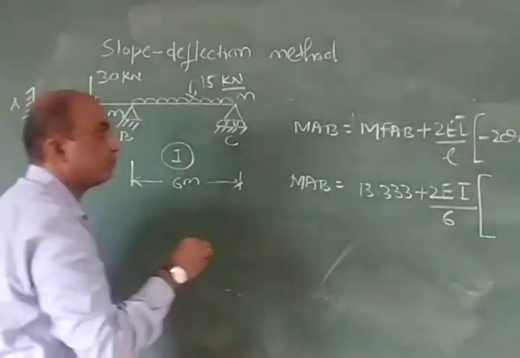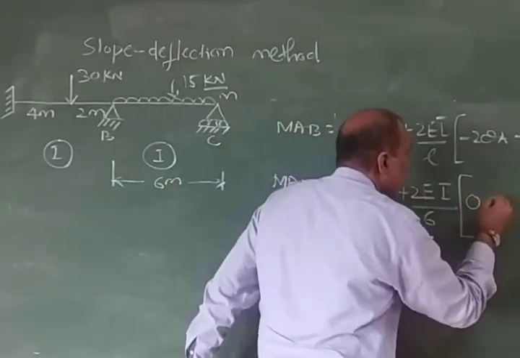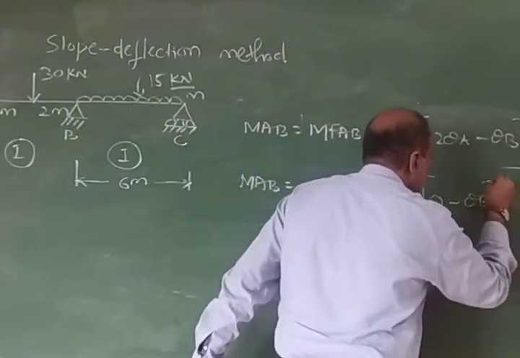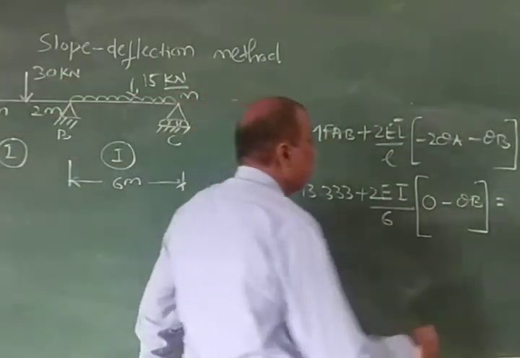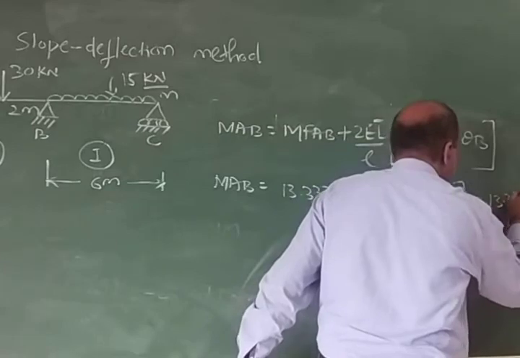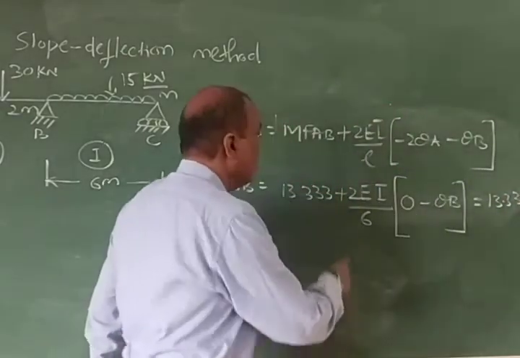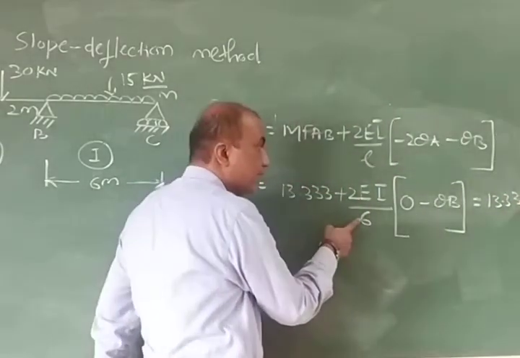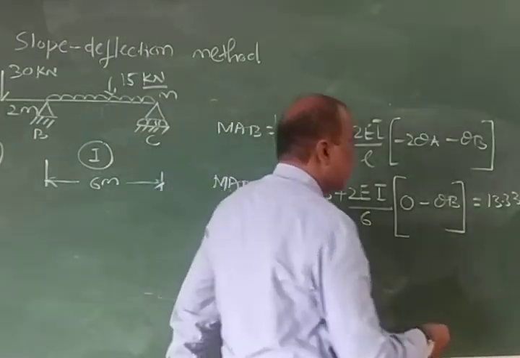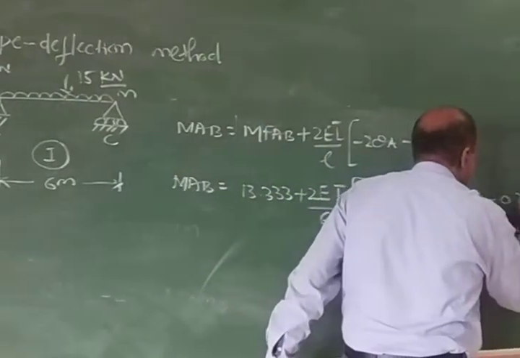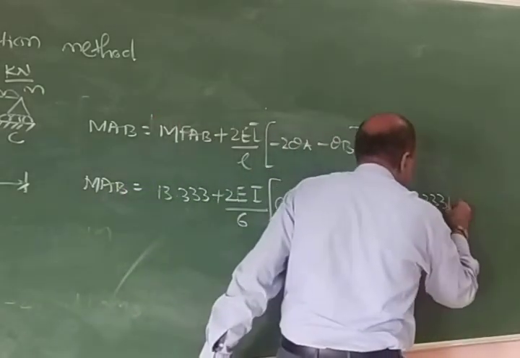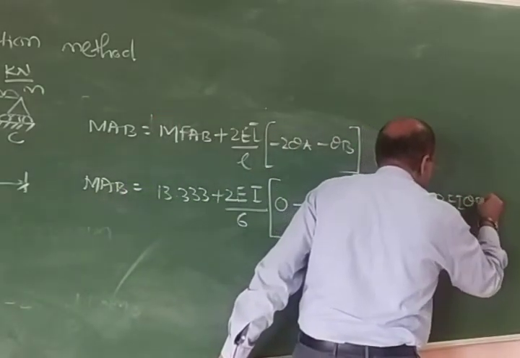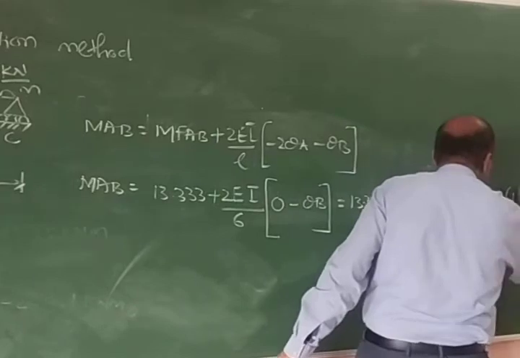At a fixed end there is no slope, so minus 2 theta A becomes 0. When you simplify this, how does it look? 13.333. 2 by 6 is 1 by 3, that is 0.333. So minus 0.333 EI theta B. So this is my equation 1.